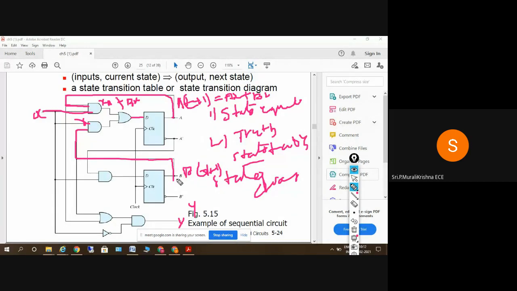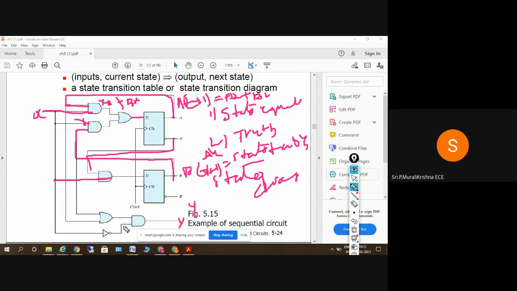Yes or no? Yes, sir. So we can check that it is nothing but X A bar. This is X here and this is A bar. So B of t plus 1 is equal to A bar X.